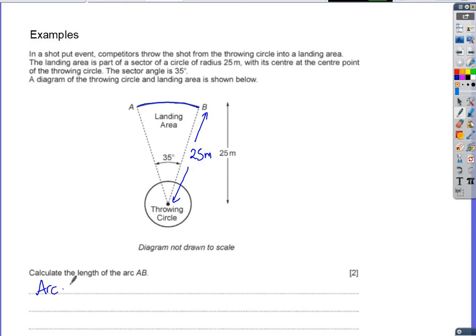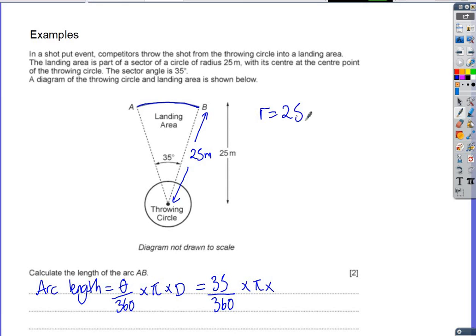So they're testing us on the arc length. First of all, as always, write down the formula. Theta over 360 times pi times diameter. Substitute in the values that you have got. Theta is the angle, which is 35, times pi times diameter. Now again, they've given the radius.